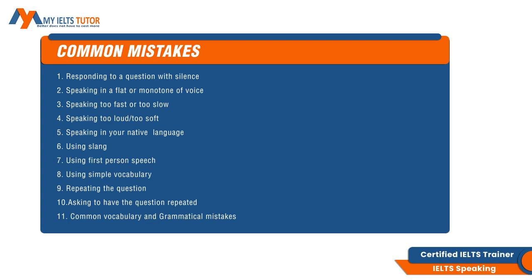Now, to improve this, listen to native speakers and try to copy what they say and how they say it. At the same time, record yourself and then compare your speaking to how the native speakers are saying. And I suggest you practice this daily. Doing this will help you sound more natural.